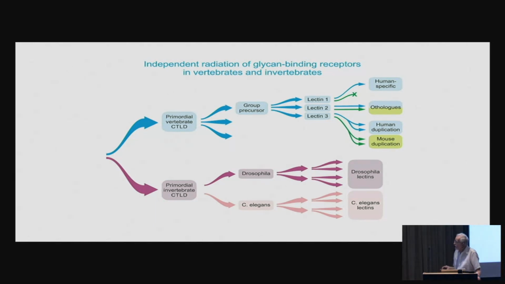But even within the vertebrates, there is some quite recent swapping around, just as you've seen within the siglecs, that there is difference between mice and humans. That is also true in the C-type lectin family. There are examples of certain proteins that occur only in humans or only in humans and very closely related apes.